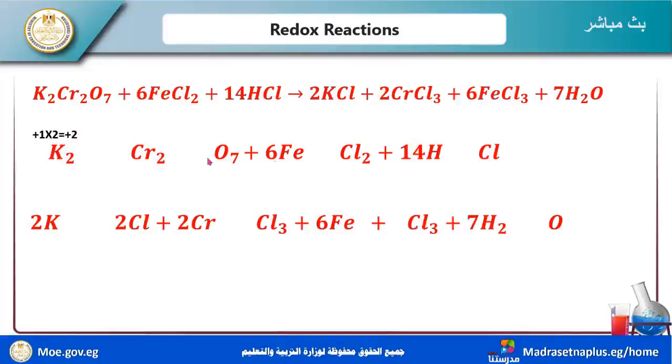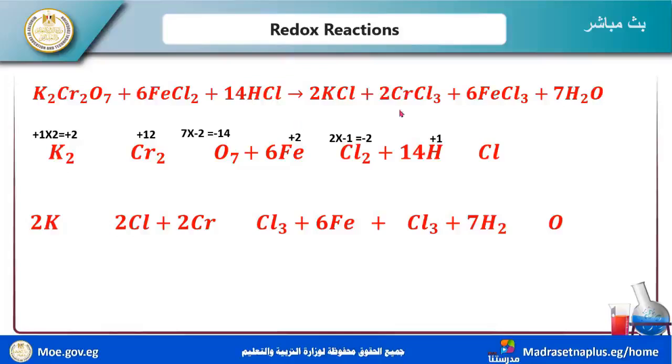Okay, Cr2 is unknown. Oxygen is negative 2 times 7 equals negative 14. So chromium equals positive 12 for 2 Cr. Each Cr equals positive 6.